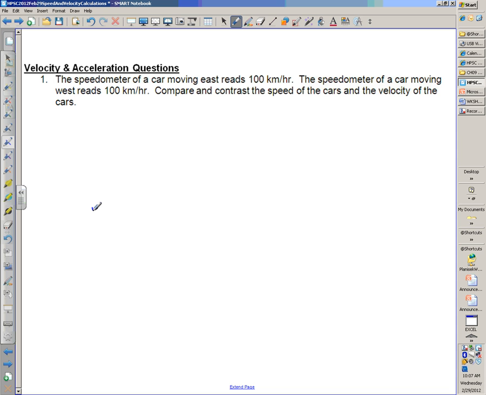One could be going this way, one could be going this way. They would both have positive positions. Remember, position tells you where. If they both have the same reference point, the same frame of reference, that's what you do.